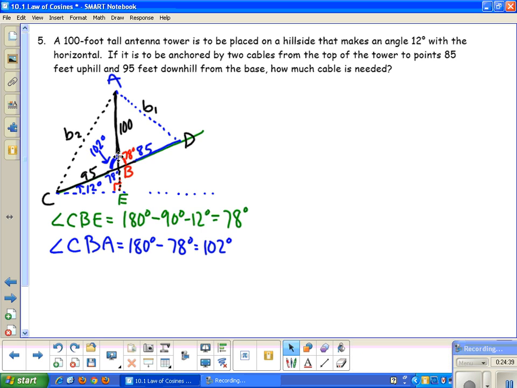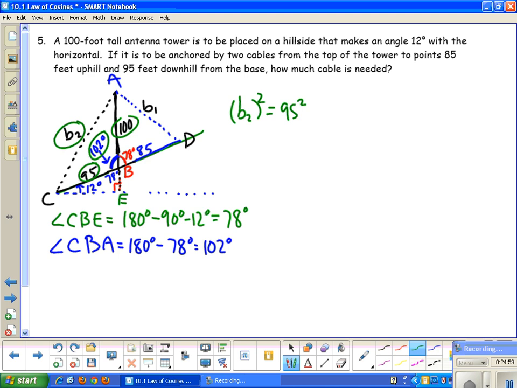So for this, because I have a side, the included angle, and the side, I can solve for B2. So B2 is equal to, and actually let's do it as B2 squared. So B2 squared, the length would be equal to 95 squared plus 100 squared minus 2 times 95 times 100 times the cosine of 102 degrees.